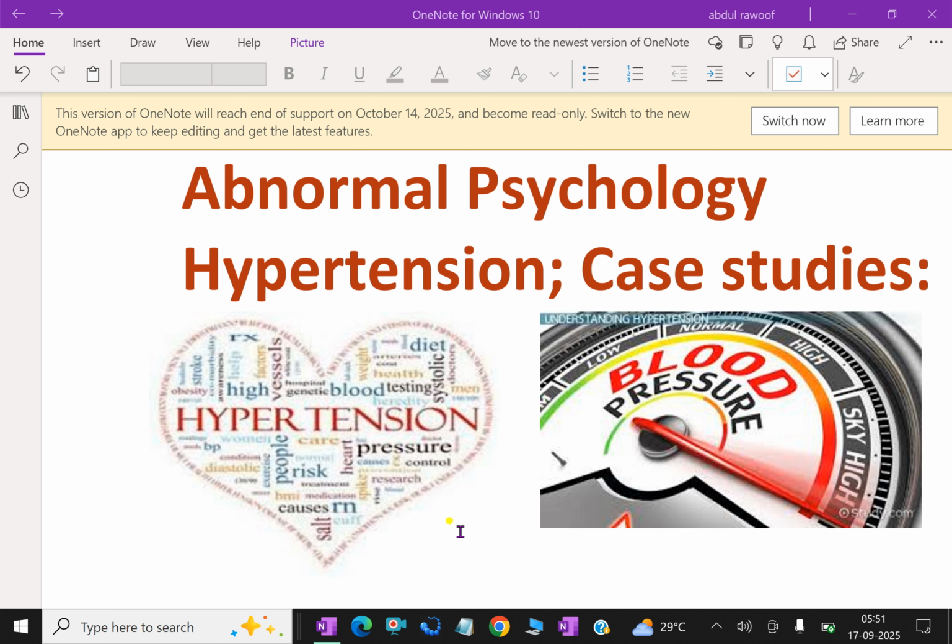MRI of the brain was performed in the emergency department and demonstrated multiple scattered areas of increased signal intensity on T2 weighted and fluid attenuated inversion recovery images in both the occipital and posterior parietal lobes.